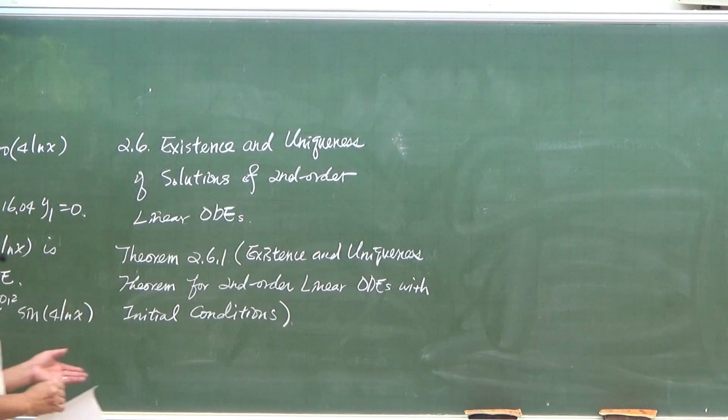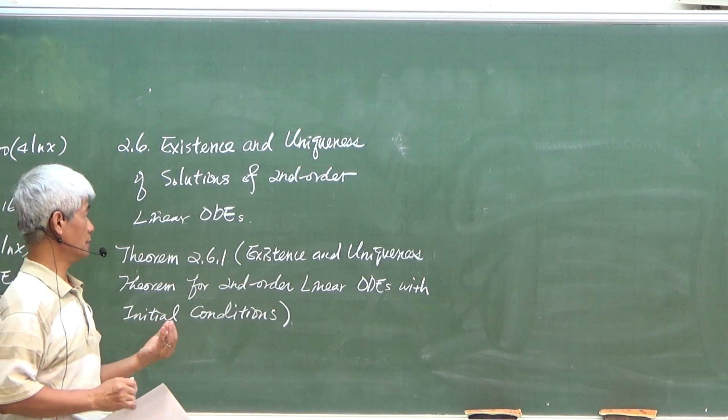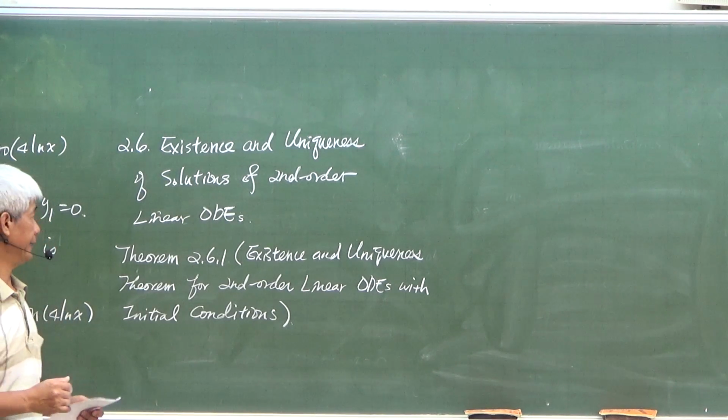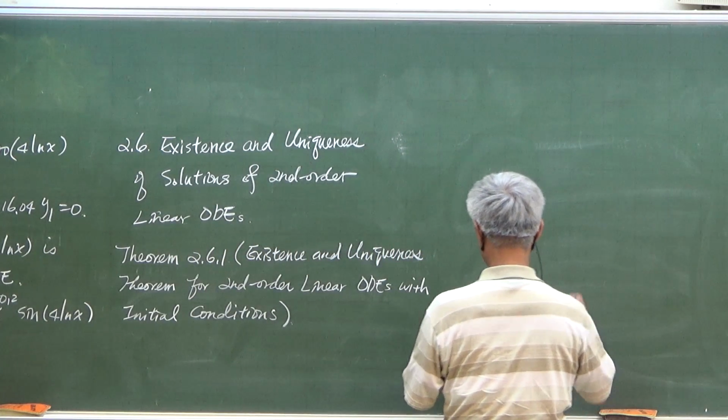So the question is, does there exist any solution? This is the first question. If it does, then we will ask, is the solution unique? Can we find other solution to satisfy the ODE? So now the theorem settles these questions.